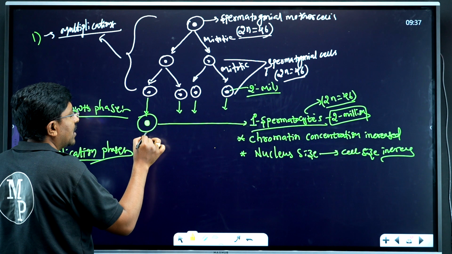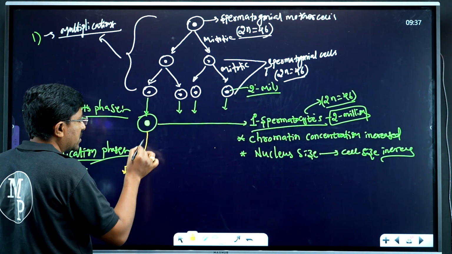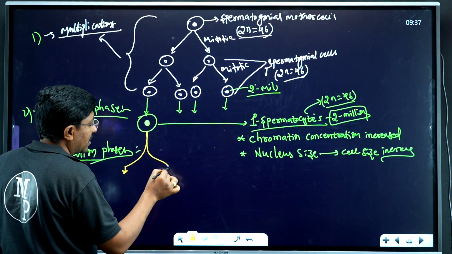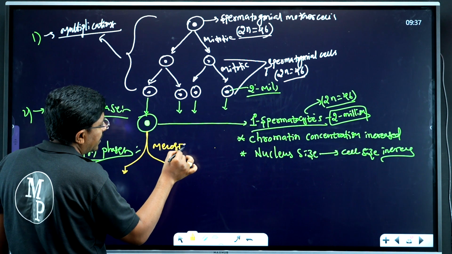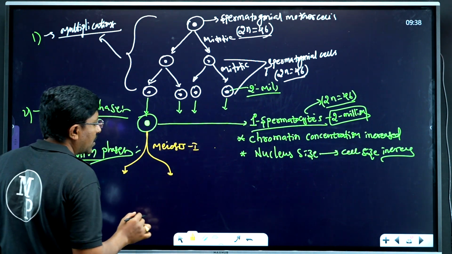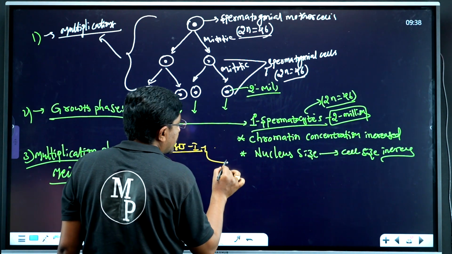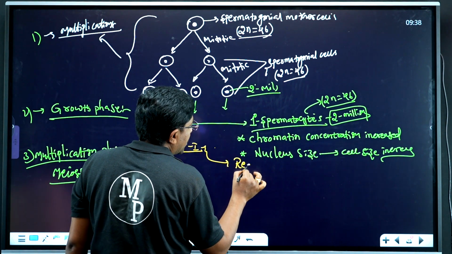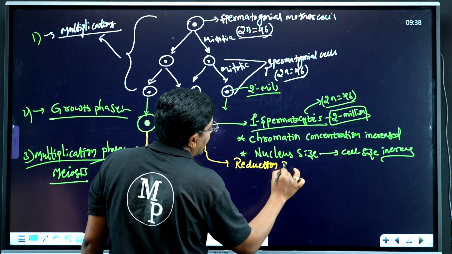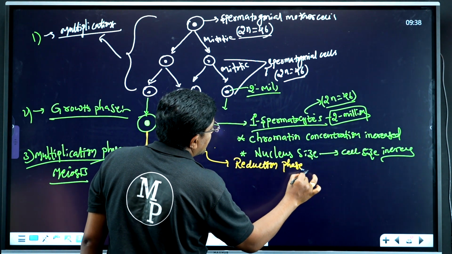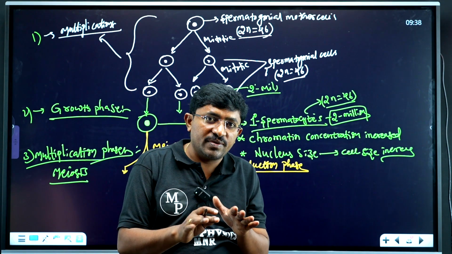The single primary spermatocyte completes meiosis 1. The meiosis 1 phase is also called the reduction phase, meaning here the chromosome number becomes half.